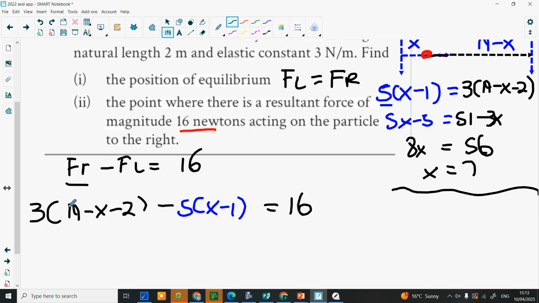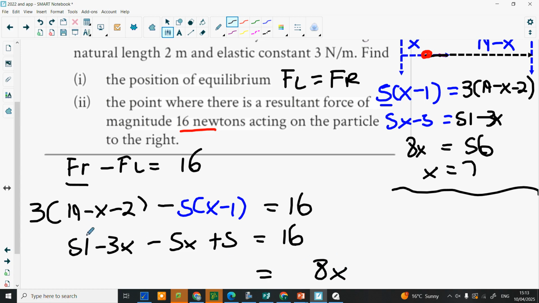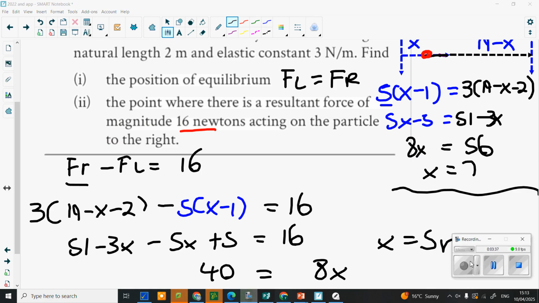You multiply it out, and did everybody get 51 minus 3x minus 5x plus 5 equal to 16. Bring the 8x over to the other side and do 51 plus 5, which is 56, take 16, 40, and then x equals 5 meters, which means it's 5 meters away from the left-hand side wall. Any questions about that one?